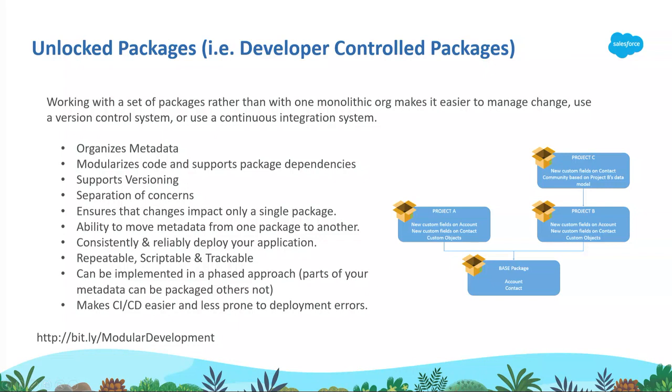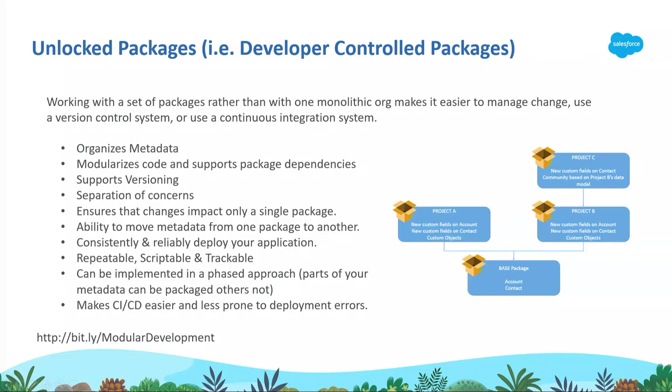I think the most important point here is really the ability to move metadata from one package to another. It used to be a very, very complicated task in the past, and nowadays the Unlock Packages team has made really good strides towards this. If you need to move, let's say, an Apex class from package A into package B, it used to be that you'd have to deploy package A, deprecate those particular Apex classes, and deploy that all the way into your production environment.